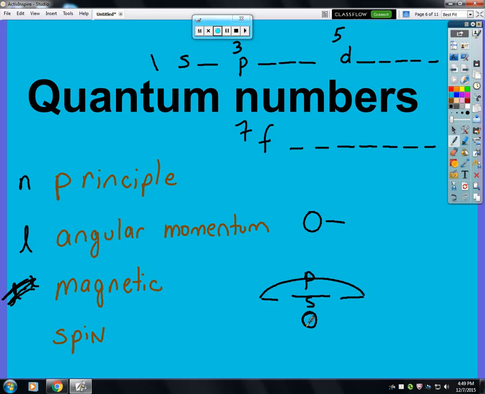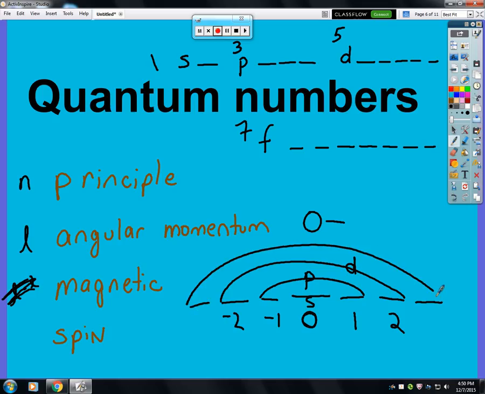If this is the 0 spot and you drew a number line, this would be 1 and this would be -1. How many do D's have? 5 lines. So we'll draw a little rainbow and put a D here, and this would be 2 and this would be -2. And if we draw F's, which have 7 lines, these would be 3 and this would be -3. I'm going to call that the magnetic rainbow.